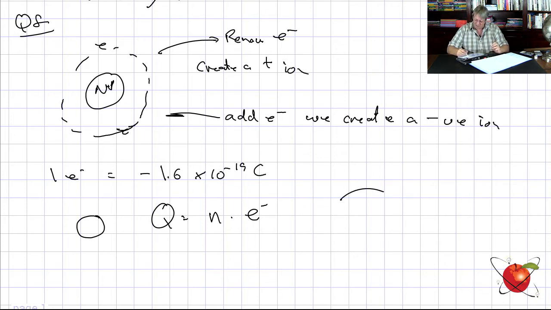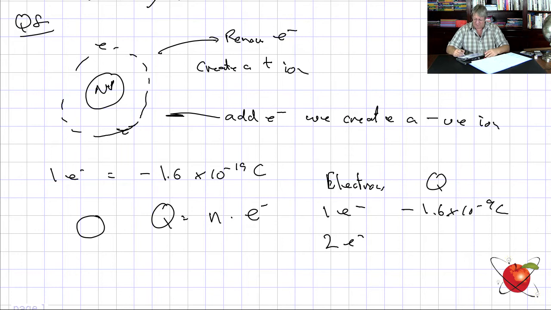Because each time I add one electron, let's look at a table here, because sometimes people get confused. One electron gives a charge of minus 1.6 times 10 to the minus 19 coulombs. If I put 2 electrons on there, I get minus that plus another one, minus 3.2 times 10 to the minus 19 coulombs, correct?